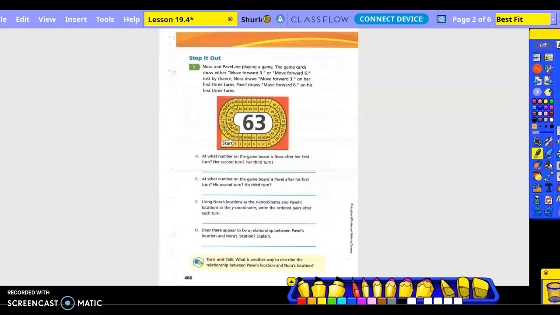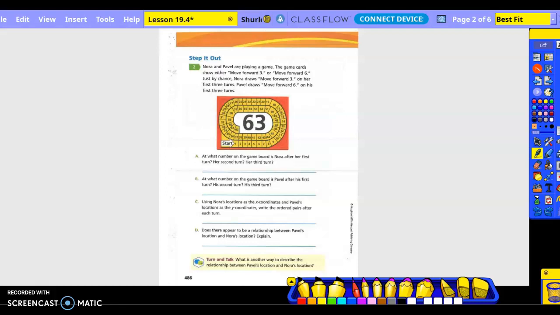Okay, step it out. Number 2, Nora and Hazel are playing a game. The game cards show either move forward 3 or move forward 6. Just by chance, Nora draws move forward 3 on her first 3 turns. Hazel draws move forward 6 on her first 3 turns.